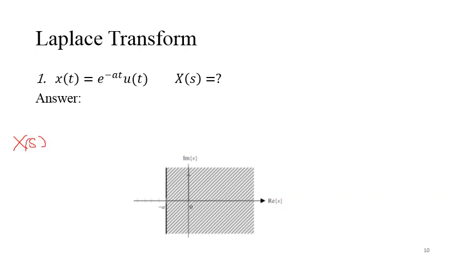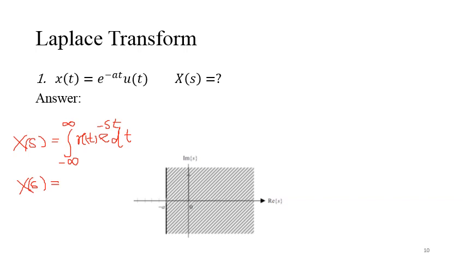X of s equals the integration from minus infinity to infinity of x of t multiplied by the exponential minus st dt, right? That's quite straightforward, because you have seen such integration many times.